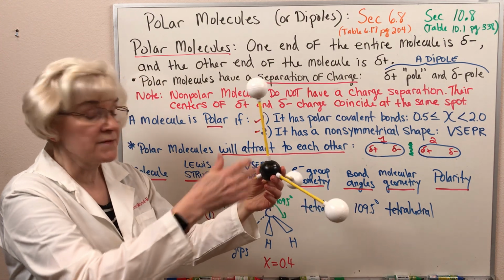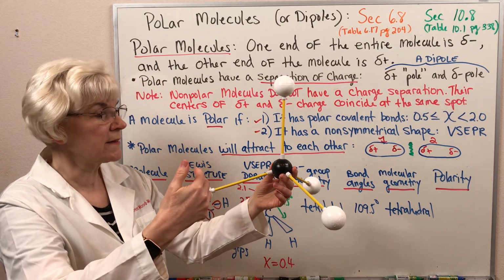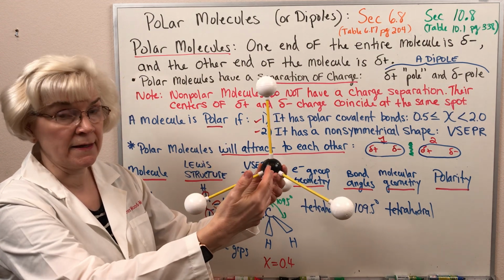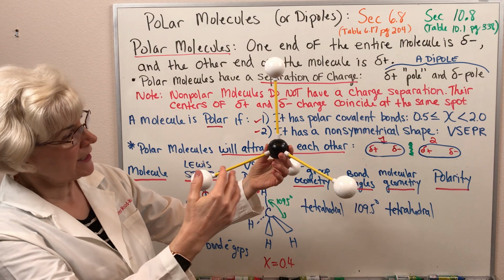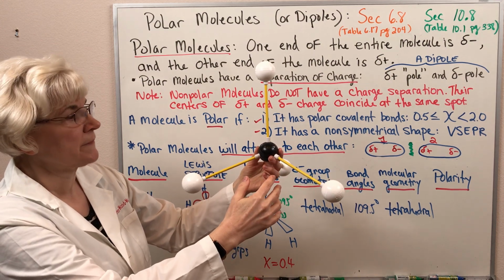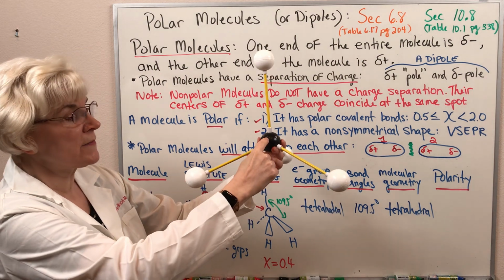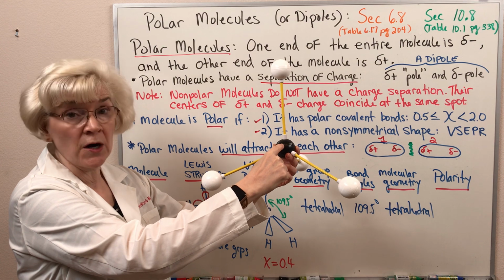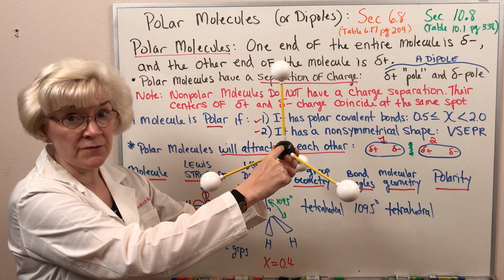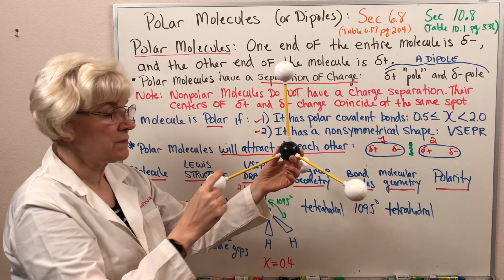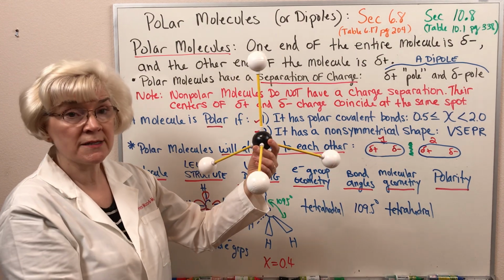Now, this idea of symmetry is something that takes practice in visualizing and seeing. But let's see if we can understand by looking at this molecule. If we were making the argument that carbon was the more electronegative atom, then carbon would have a partial negative charge here, and each hydrogen would be slightly partially positive.